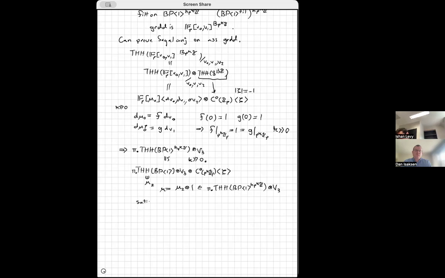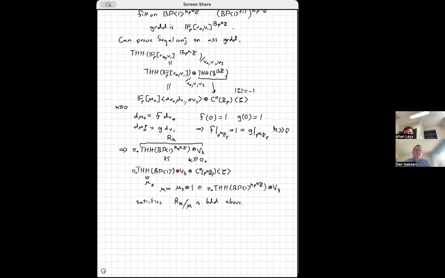Let me give this a name. I'm going to call this Rk. So Rk mod mu is bounded above. That's not hard to see, just because we know what the homotopy ring of this is.